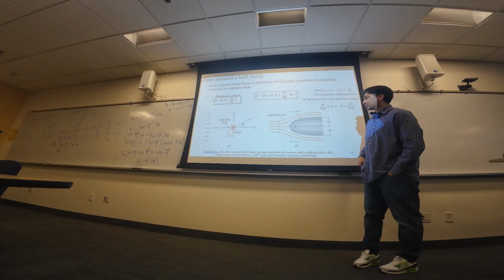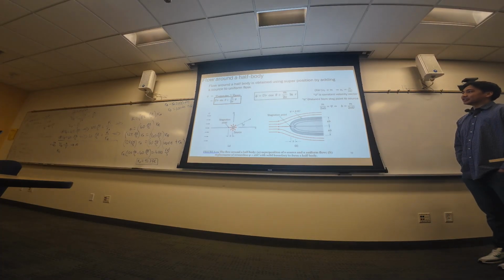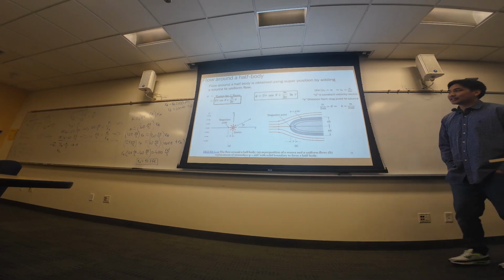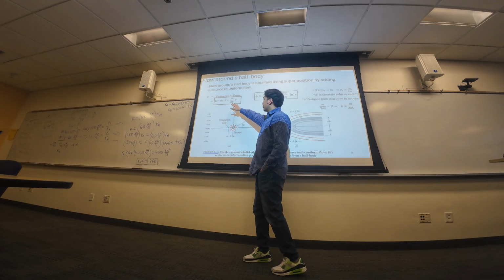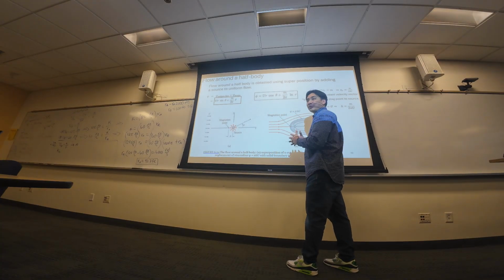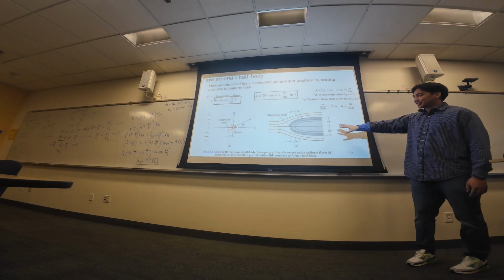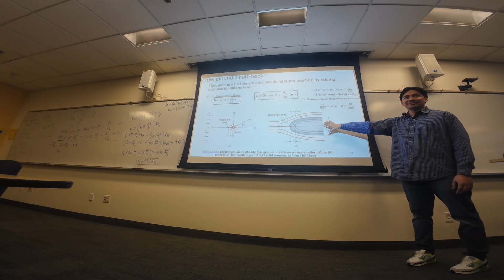And the source is inside the body. So I guess this isn't necessarily a solid. It's another flow. You have your uniform flow plus source, so there are two sources of flow and you're combining them in one scenario. To avoid confusion, this isn't just a hard rock or a solid. This is another flow.